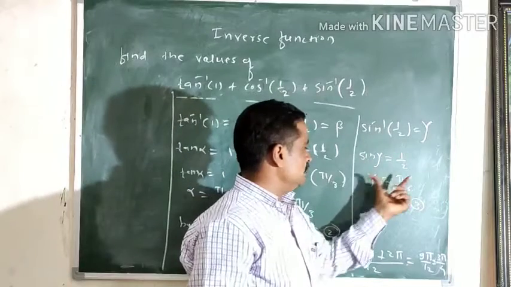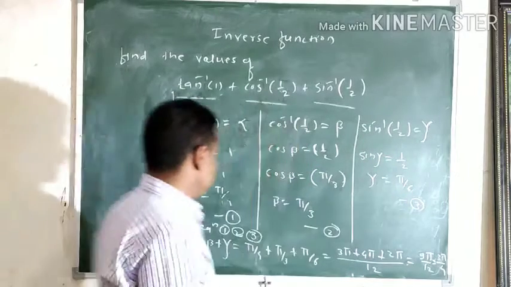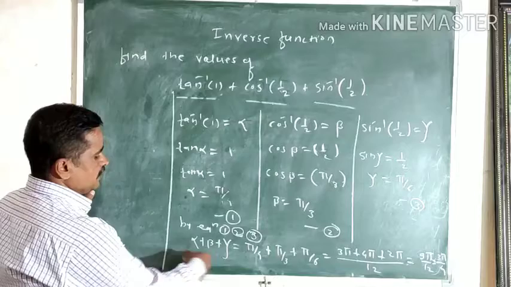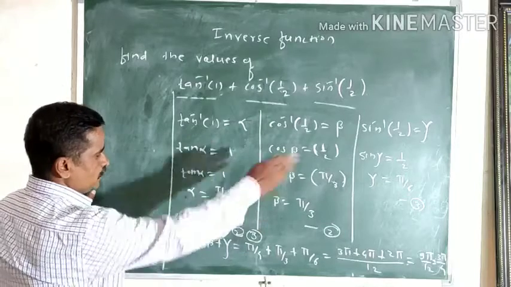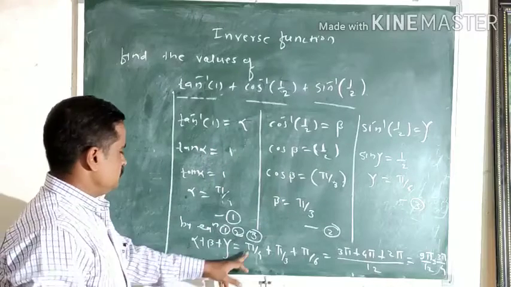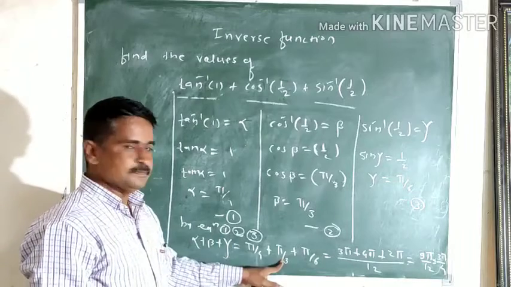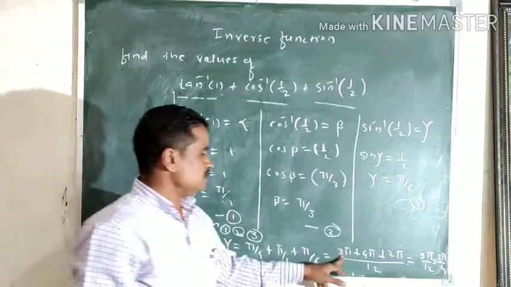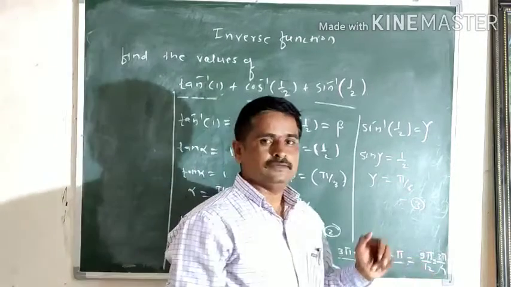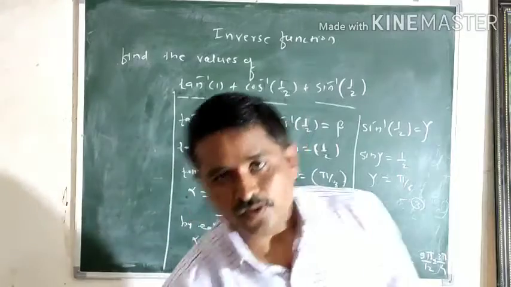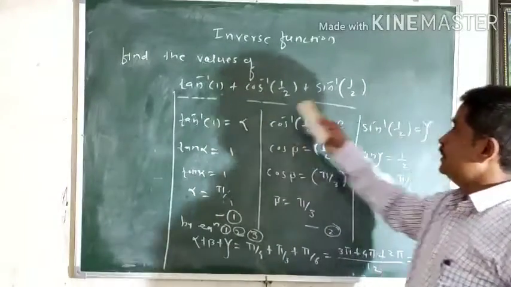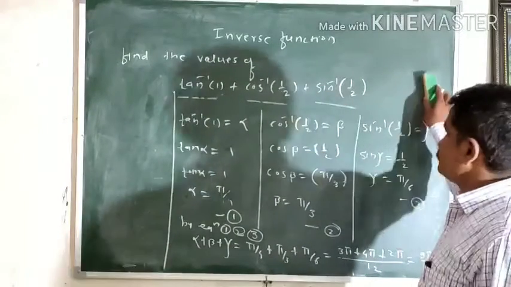Taking the summation of equations 1, 2 and 3, pi by 4 plus pi by 3 plus pi by 6 equals 3 pi by 4. This is the procedure for finding the values of such types of expressions.